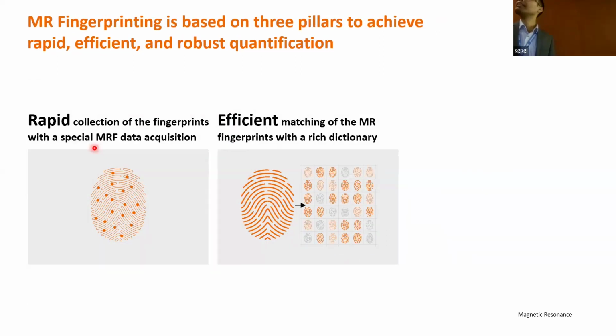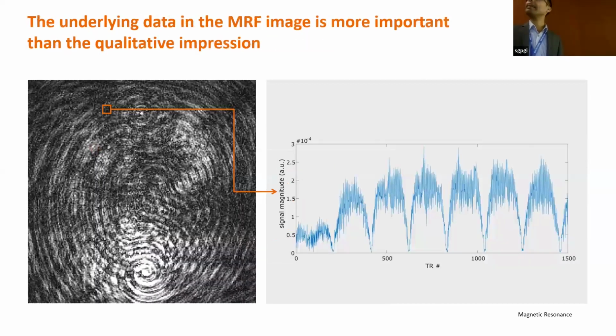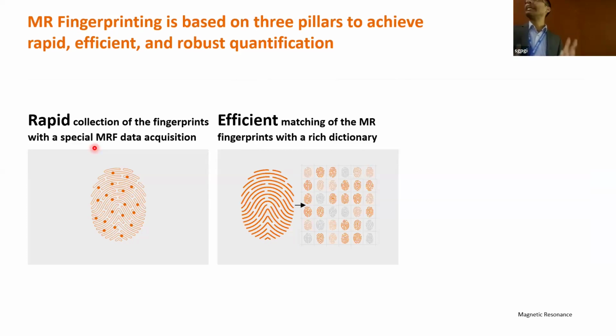Now, the second step of fingerprinting after acquiring this data is basically matching of that signal pattern with an already available dictionary. Now, this dictionary is basically calculated. It is not quantified using image-based methods.